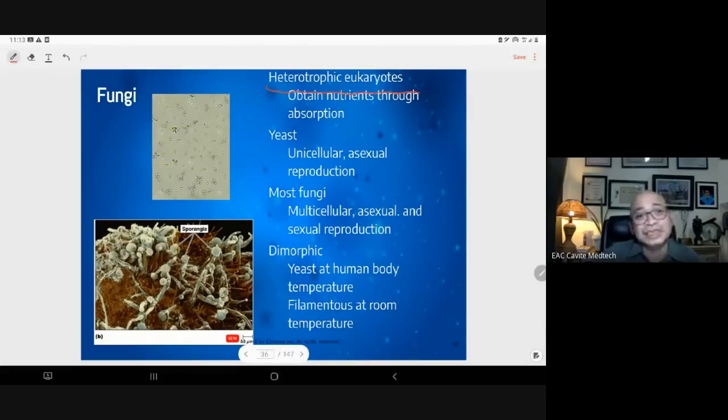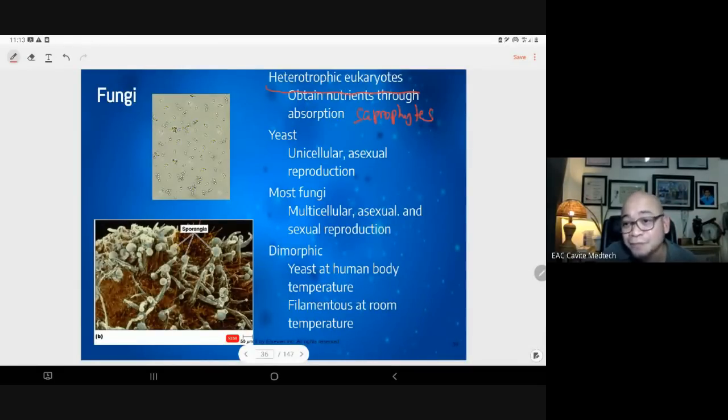And of course, most of these nutrients would come from decaying matter because the most important characteristic of fungi is that they are saprophytes. When you say saprophytes, it means that fungi live on decaying organic matter.